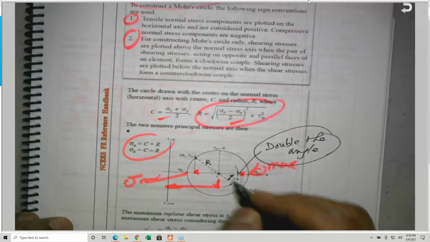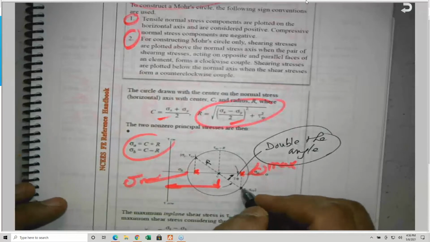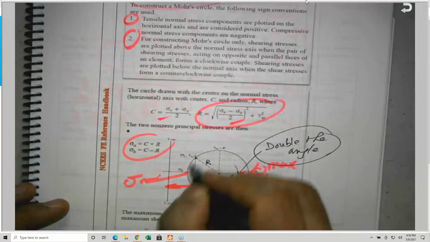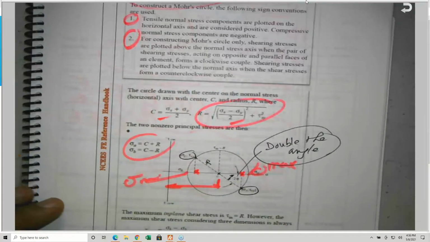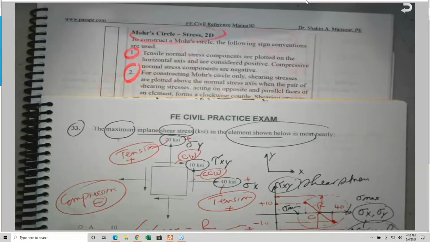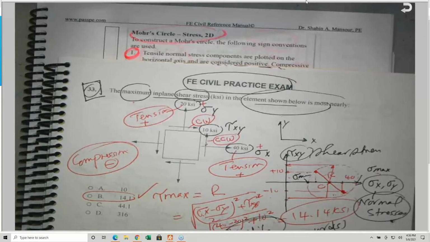After we locate the 2 points, which must be given, like the practice problem that we were working, problem number 33 of the NCEES FE civil practice problems.